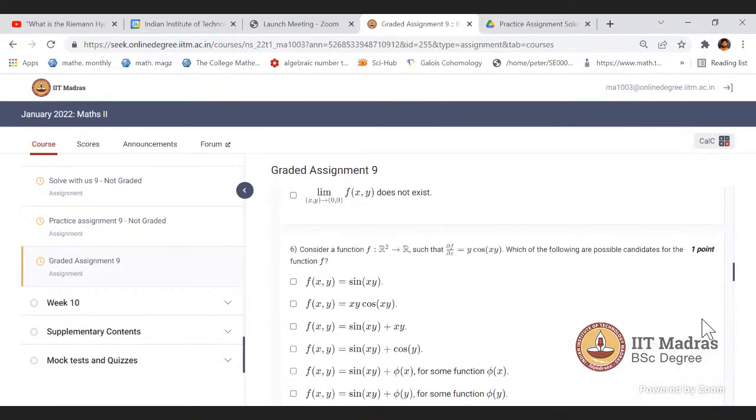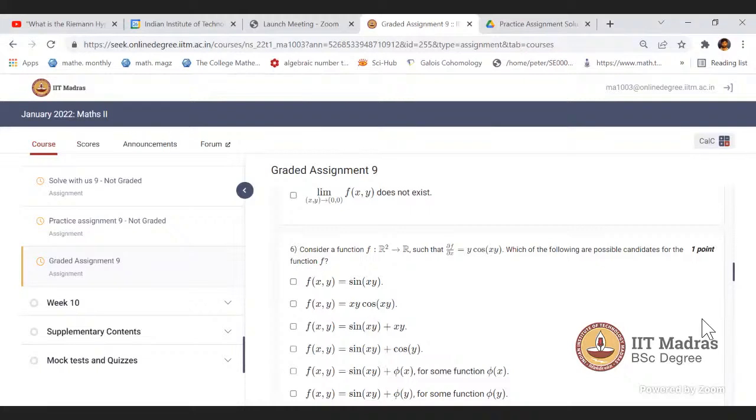For the second last option, phi of x can be an expression without the variable x, right? Phi of x might be an expression without the variable x. Okay, sir. This was the only doubt. Thank you, sir.